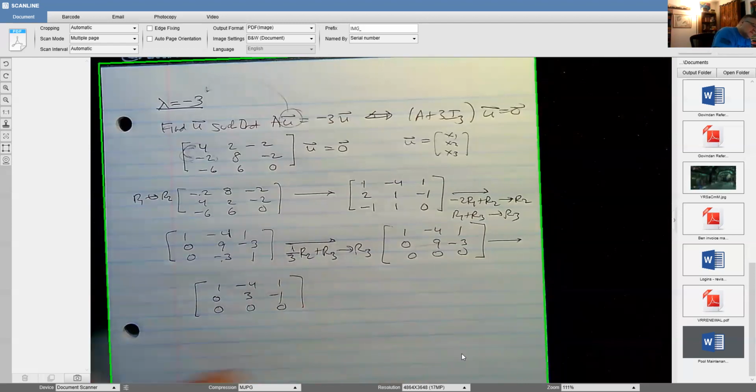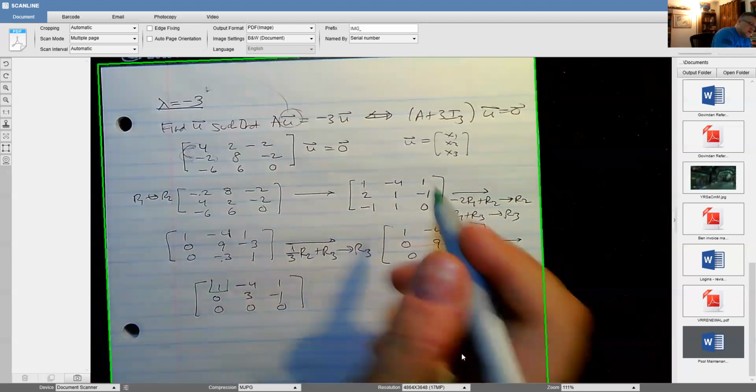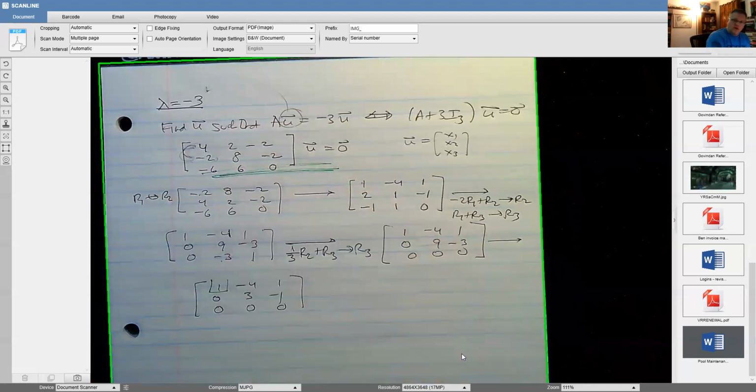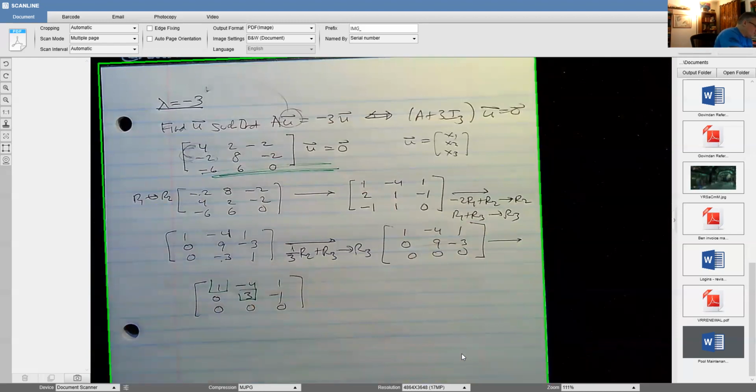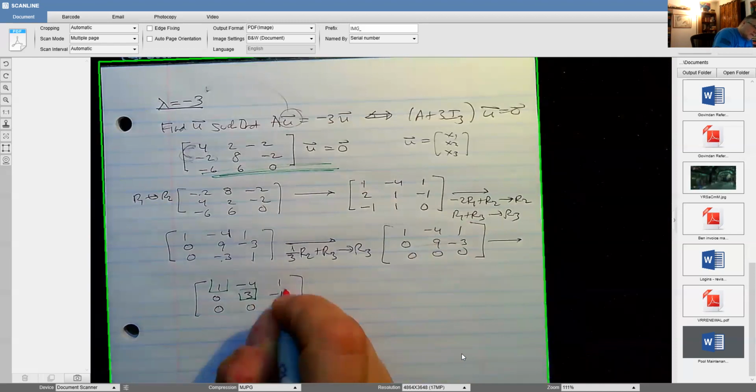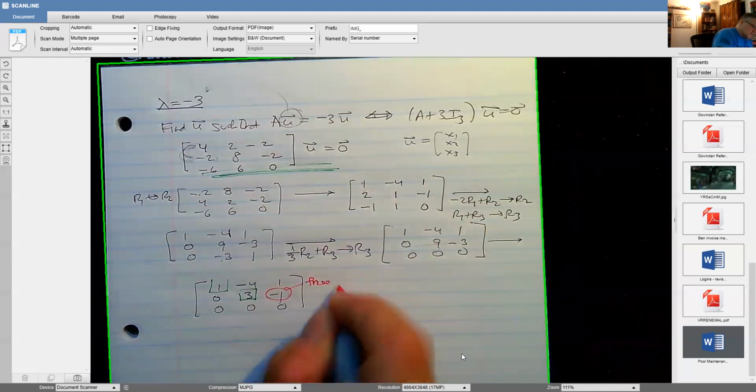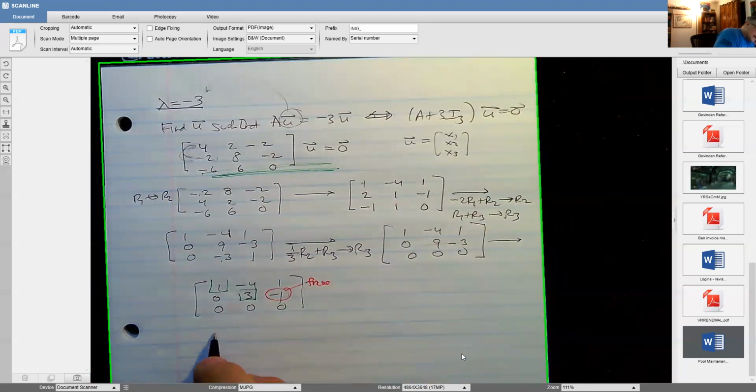The pivots, remember you're trying to solve that system, don't lose track of what you're trying to do. So I put it into echelon form. Now I'm going to go back to the system form. Those are the pivots. I only have the one free variable, namely this guy. So that is free, and so let's let x3 be s.